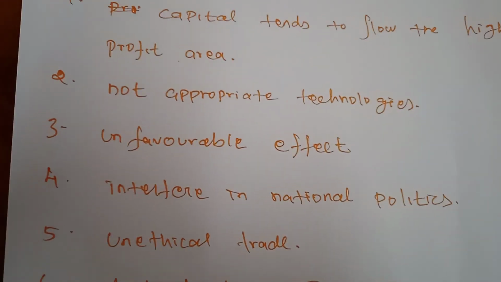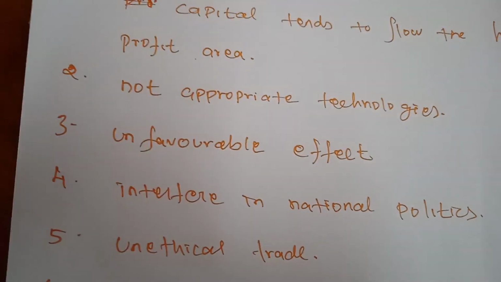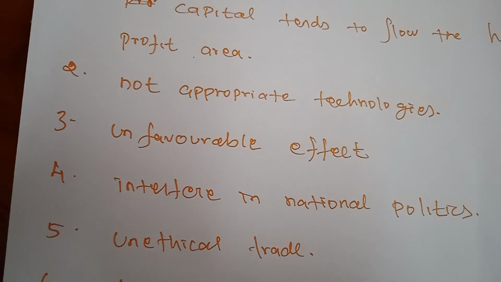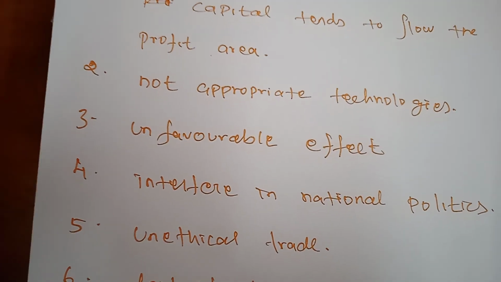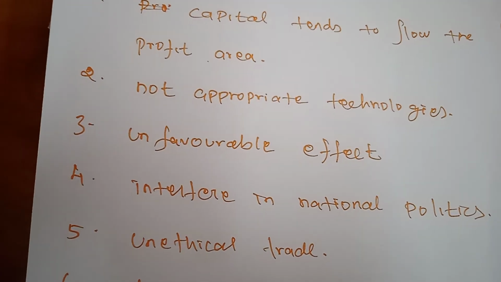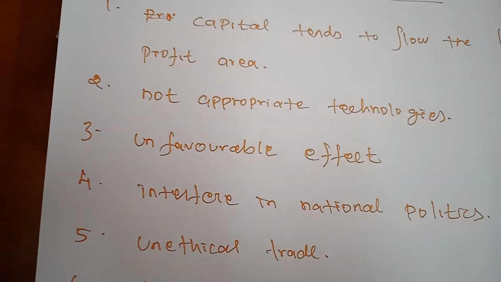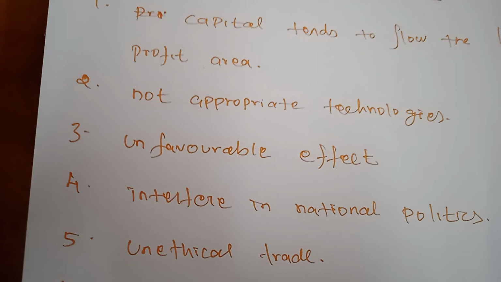Next, unfavorable effect. Foreign investment sometimes has an unfavorable effect on the balance of payments of a country, because the drain of foreign exchange by way of royalty, dividend, etc. is more than the investment made by the foreign concerns.